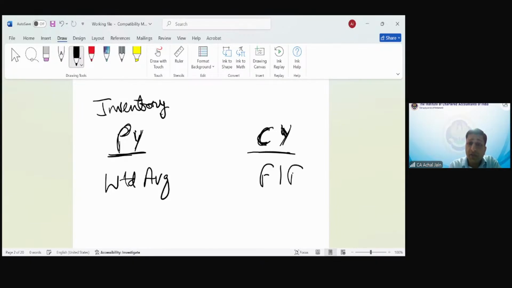In the current year, company wants to follow weighted average, sorry, FIFO. So now for the similar type of line item, which existed in the previous year as well as current year, method of accounting being followed by the company, is that different or not? For the same thing. Yes or no? So this is what you call as a change in policy.